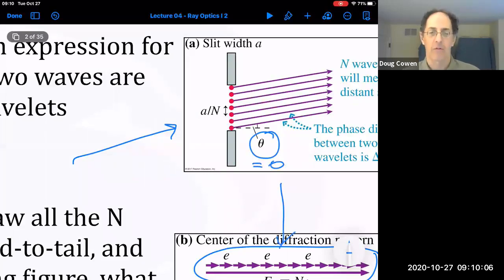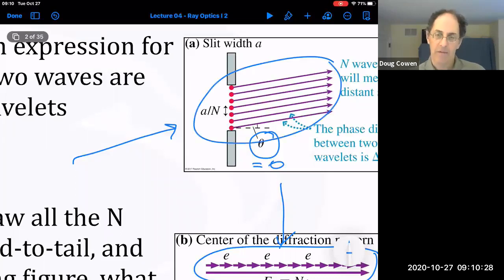That's if the phasors are all lined up like that, because having the phasors all lined up means that there's no relative phase difference between one phasor and the next, and therefore no relative phase difference between the individual wavelets that they represent. And the only way to have that be the case for a situation like this is for each of the wavelets to be traveling the same distance as it goes from the slit to the screen.